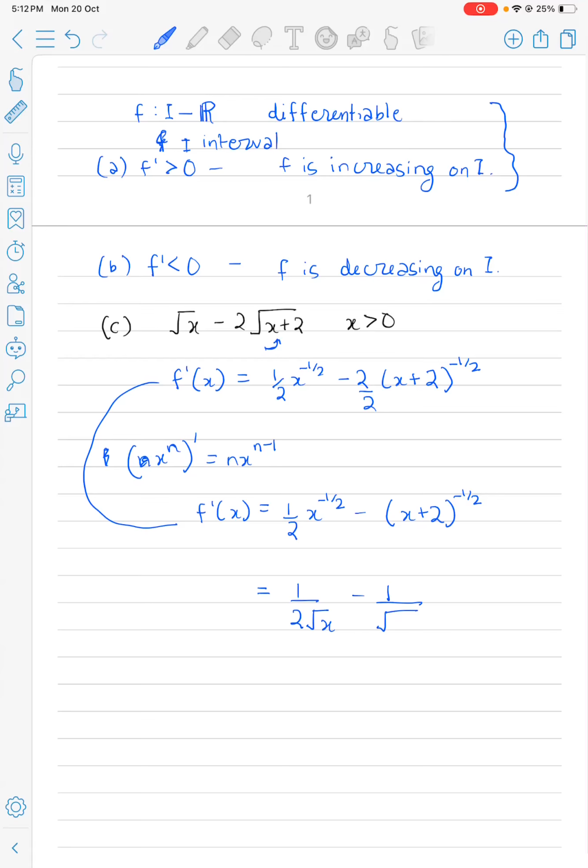So this, and then 2 root x plus 2, x plus 2 minus 2 root x. Okay, what do we do now?